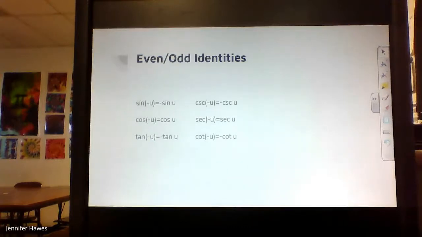Okay, so even odd identities, if you have sine of a negative, you can just pull that negative out. Okay, this has to do with a little bit of graphing stuff. Cosine, you can just drop the negative, and then tan of a negative, you can pull that out front. Why is cos different? No, that's something I skipped in the last section.